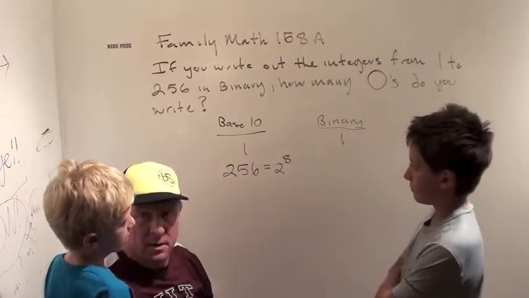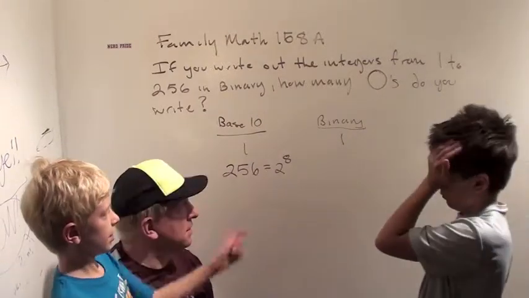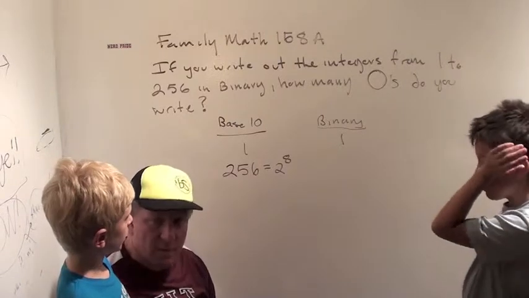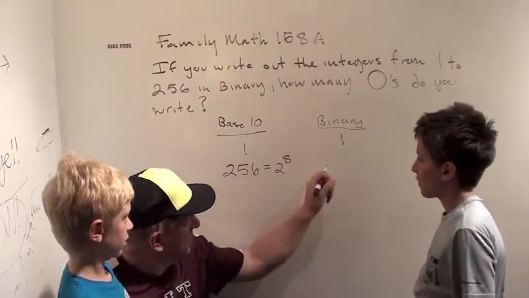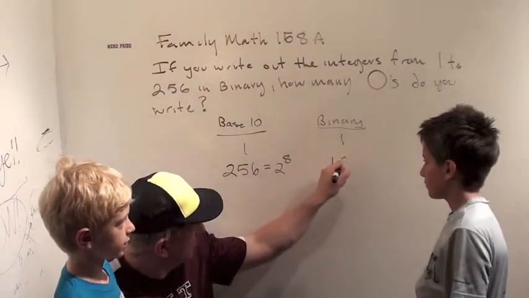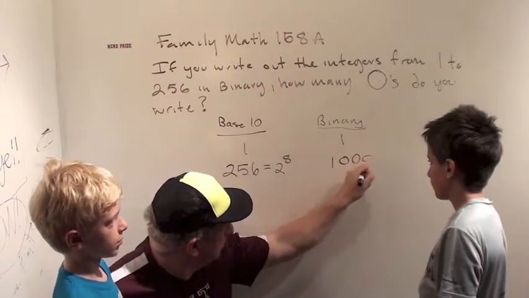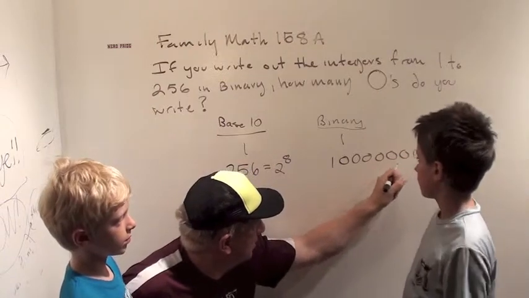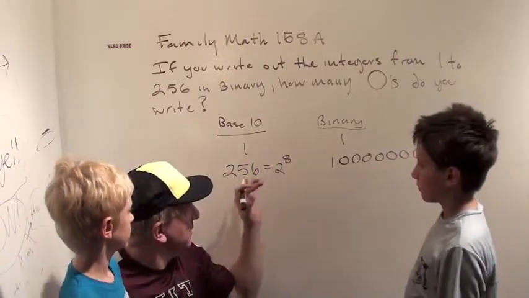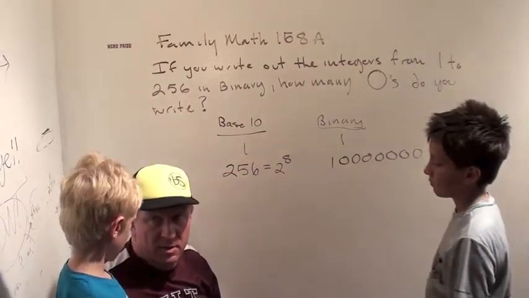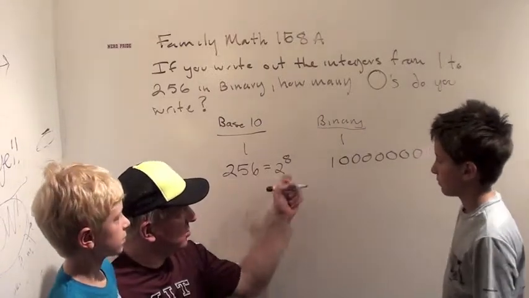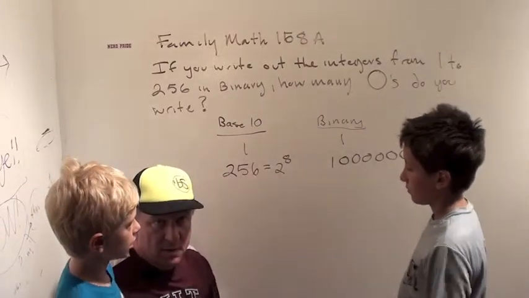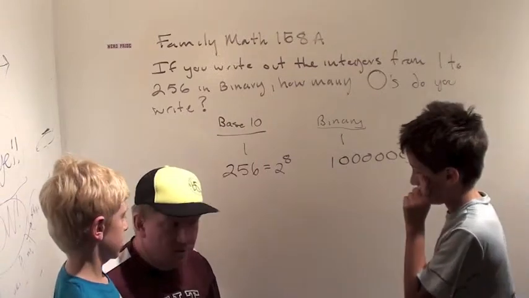So that means in binary, I'll have a 1 with 7 zeros after it. 1, 2, 3, 4, 5, 6, 7. Okay, so you think that's 256 in binary? Yeah, because 2 to the 8th should have 7 zeros in binary.